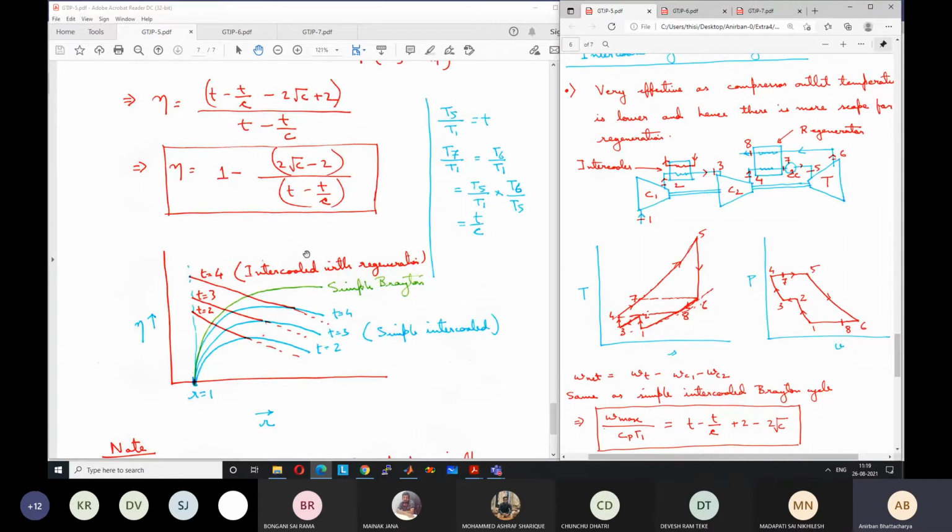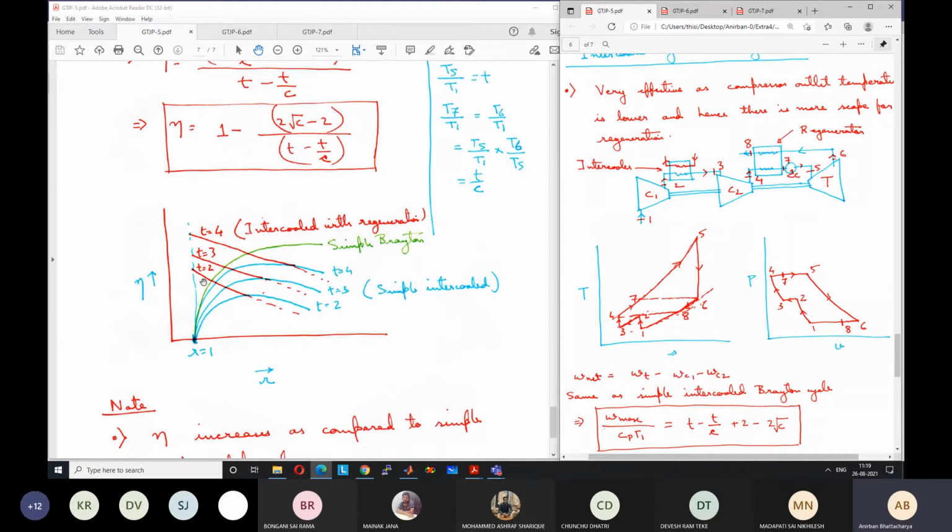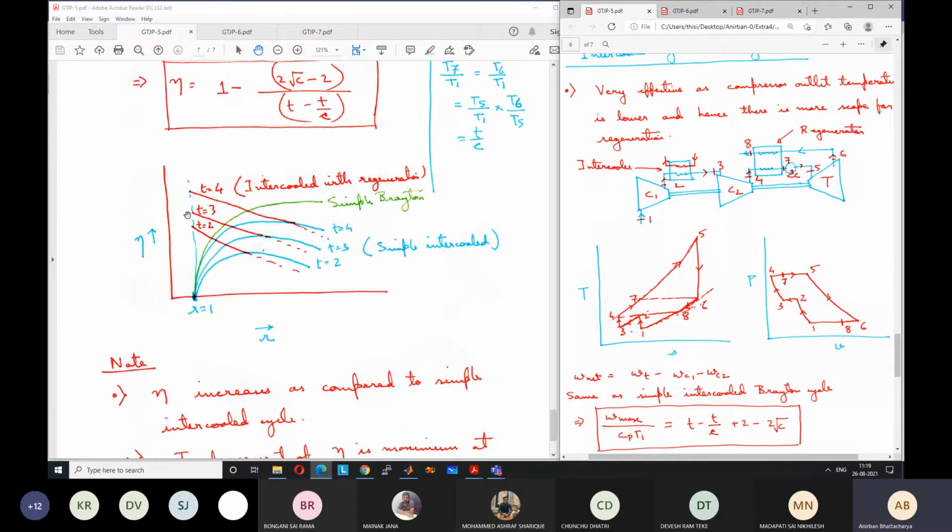So with regeneration also it remains the same, and the efficiency increases. The efficiency plot changes totally, similar to the regeneration cycle, it changes totally.